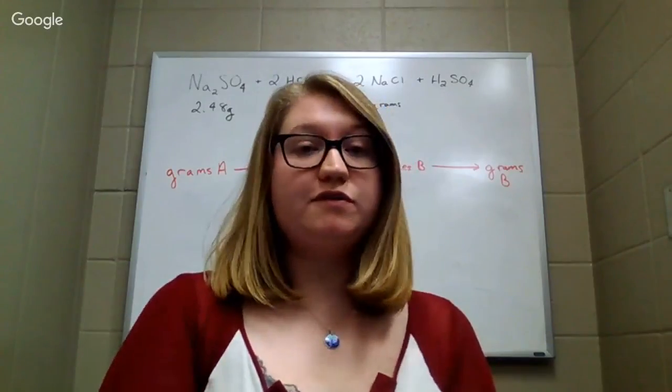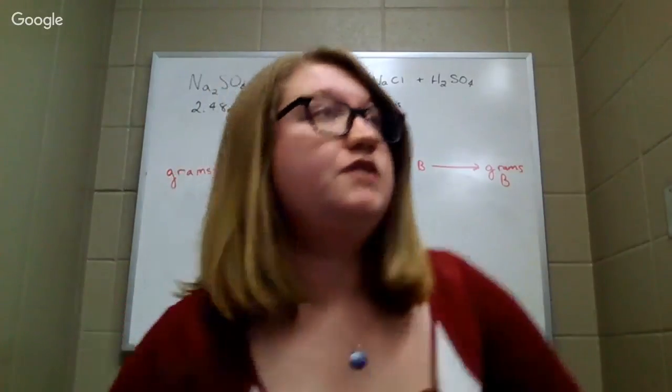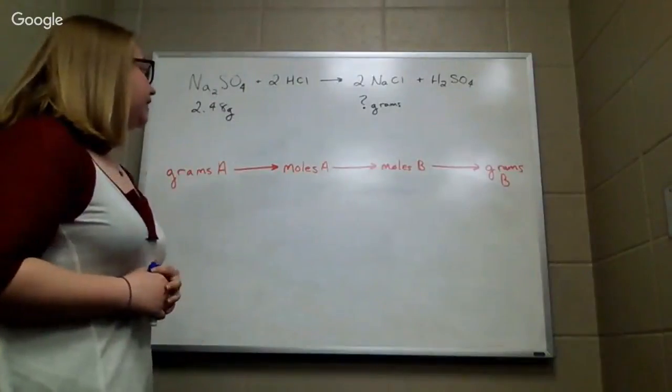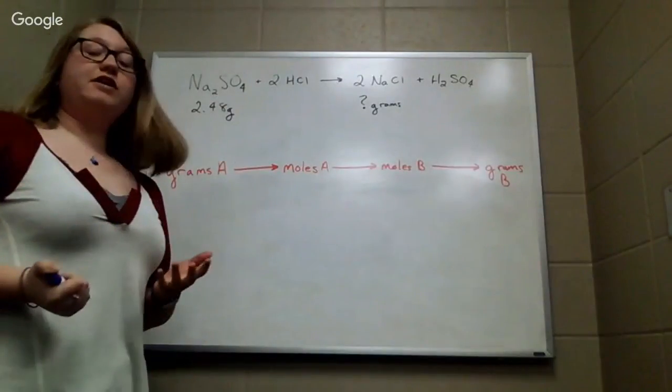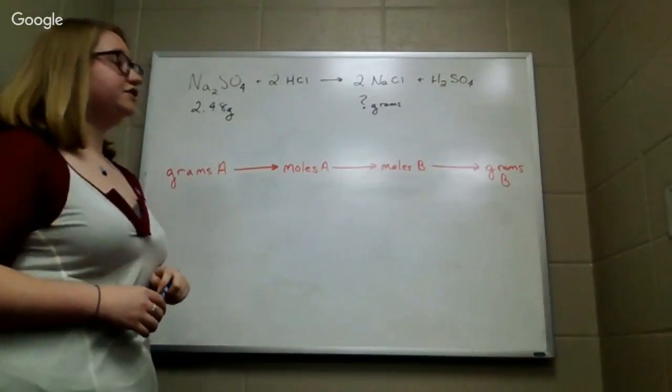Today I will be presenting to you about how to recognize and solve a basic stoichiometry problem. So, I have written on the board a basic stoichiometry problem. And so we're given a chemical equation, Na2SO4 plus 2HCl turns into 2 NaCl and H2SO4.